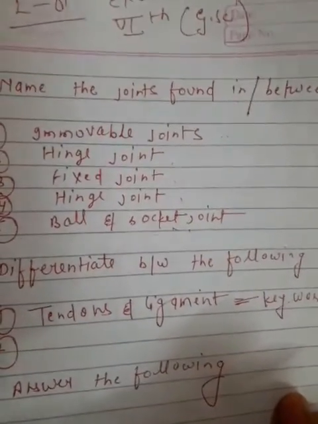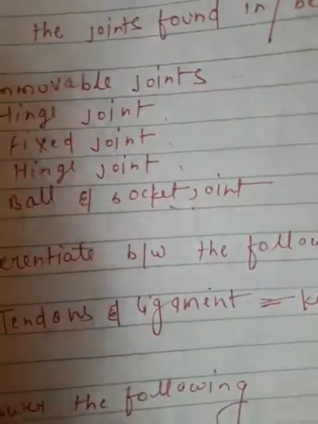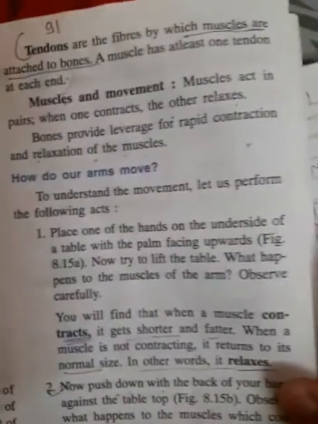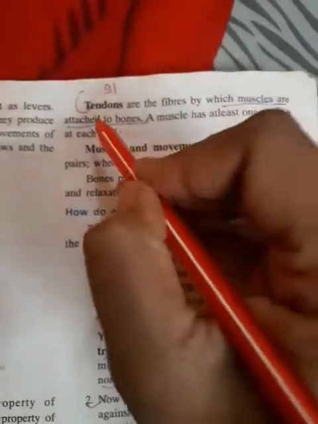Upside it is written that tendons are the fibers by which muscles are attached to bones. A muscle has at least one tendon. You have to write from here.